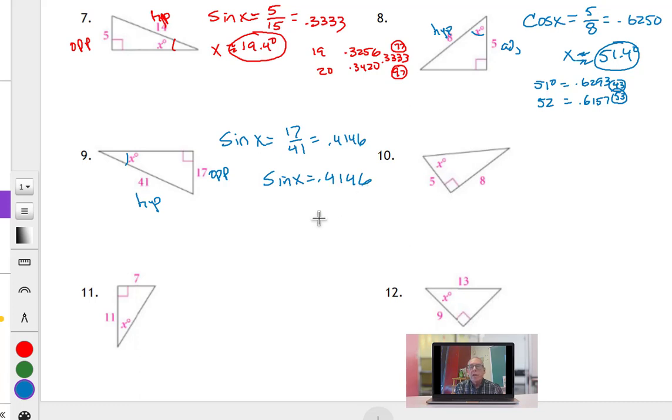0.4146. Now if we're using a scientific calculator for this, we can actually use our sine to the -1 key of 0.4146.